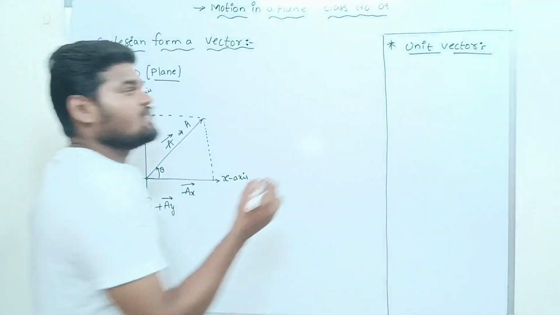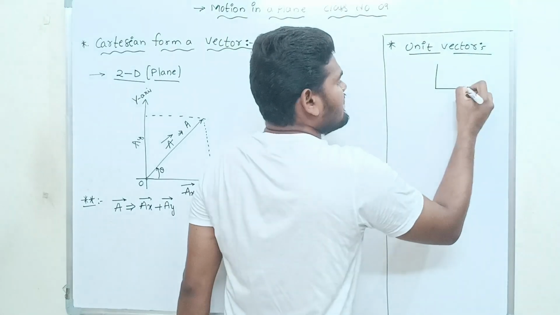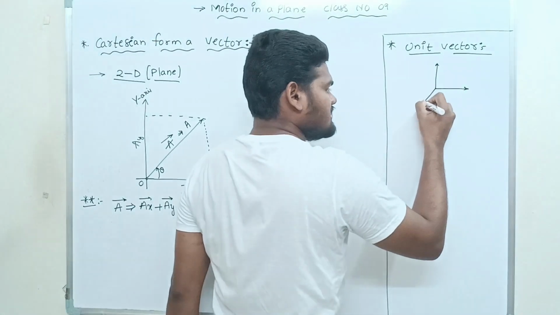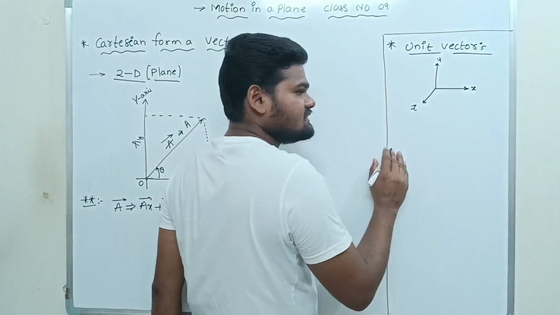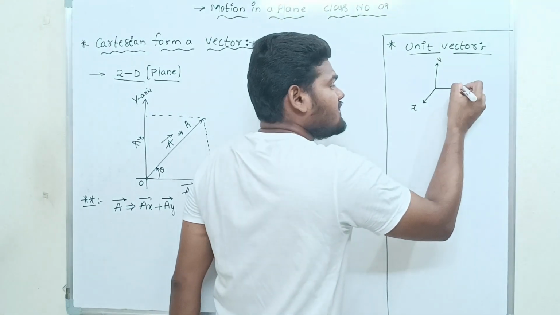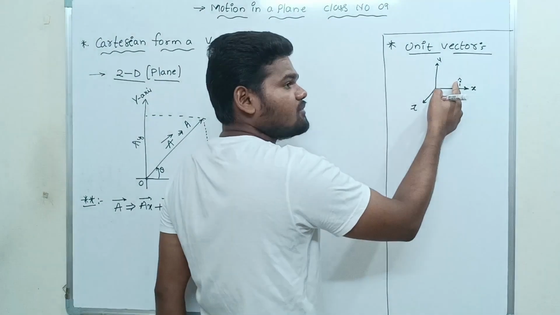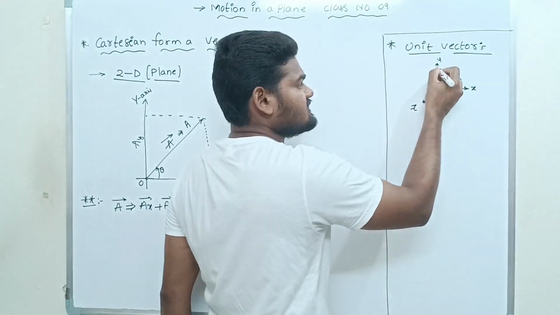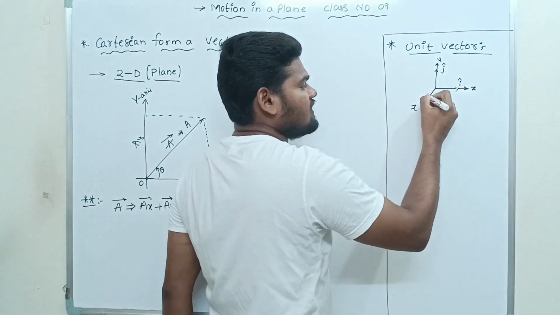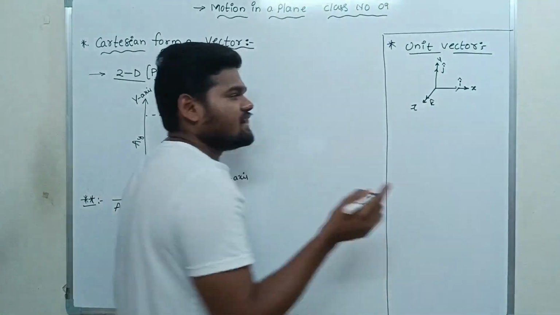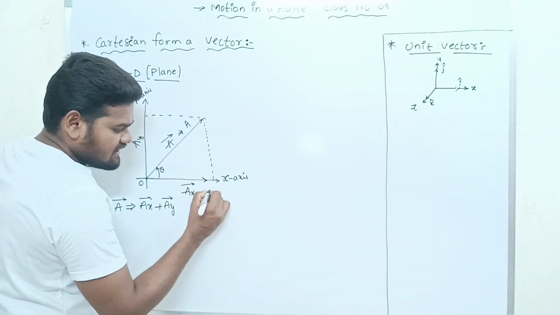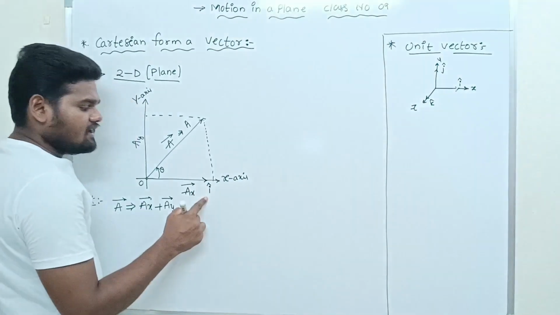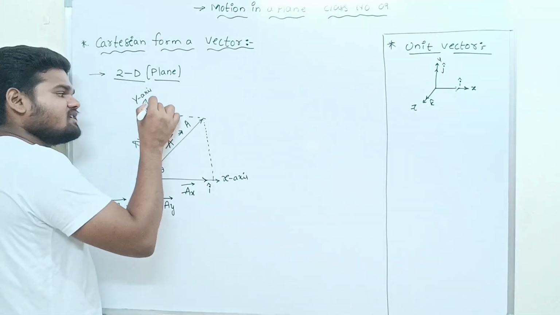In a three-dimensional rectangular coordinate system, we have the x-axis, y-axis and z-axis. I cap is the unit vector along the x-axis, j cap is the unit vector along the y-axis, and k cap is the unit vector along the z-axis. Already we have discussed this.